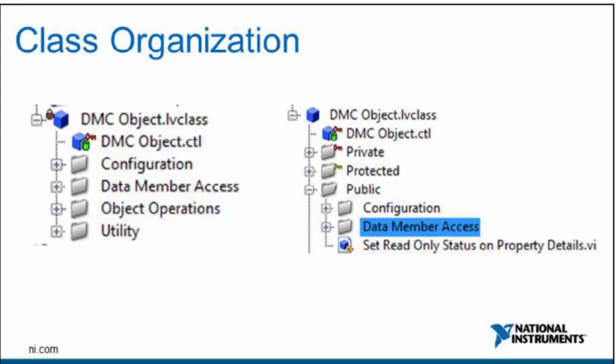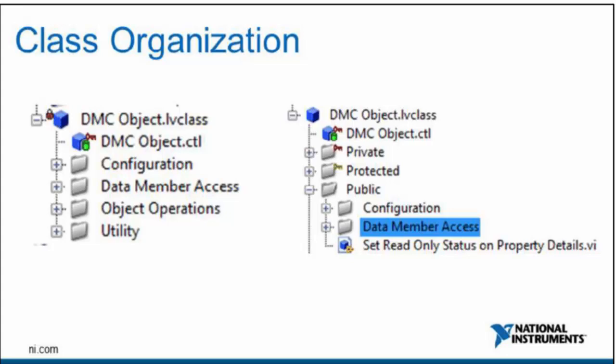That is good for navigation. It's really easy to quickly see where your VI could be. It's not really standardized among all your classes. It's hard to standardize by functionality across all your classes. You can do data member access and maybe utility, but it just depends. So it's not consistent.